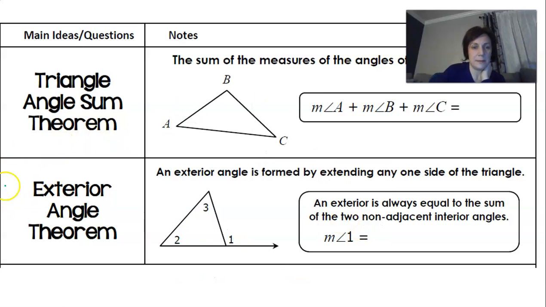Let's say that this is, I don't know, let's call this one 70 degrees. Okay. I therefore know that angle 1 has to be 110 degrees. It has to be, because I know that these two together make up 180 degrees. Well, I might not know what 2 and 3 are individually, but I know one thing.